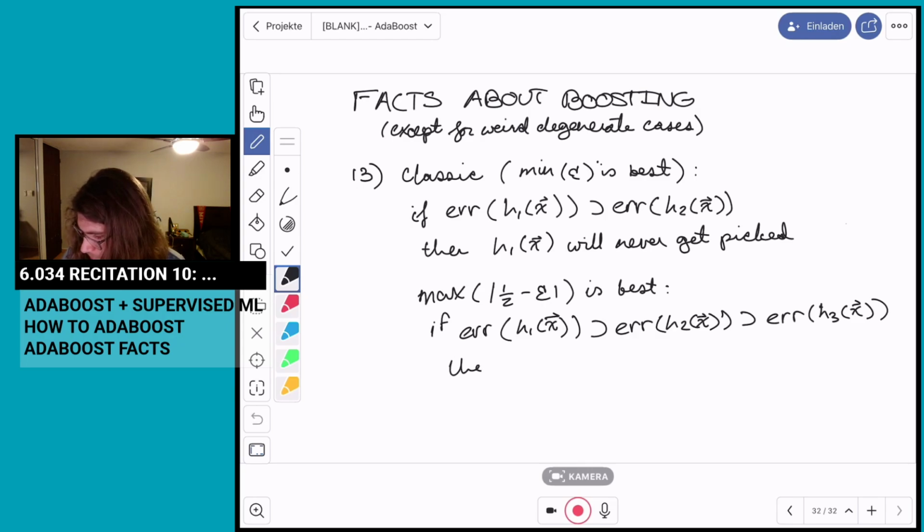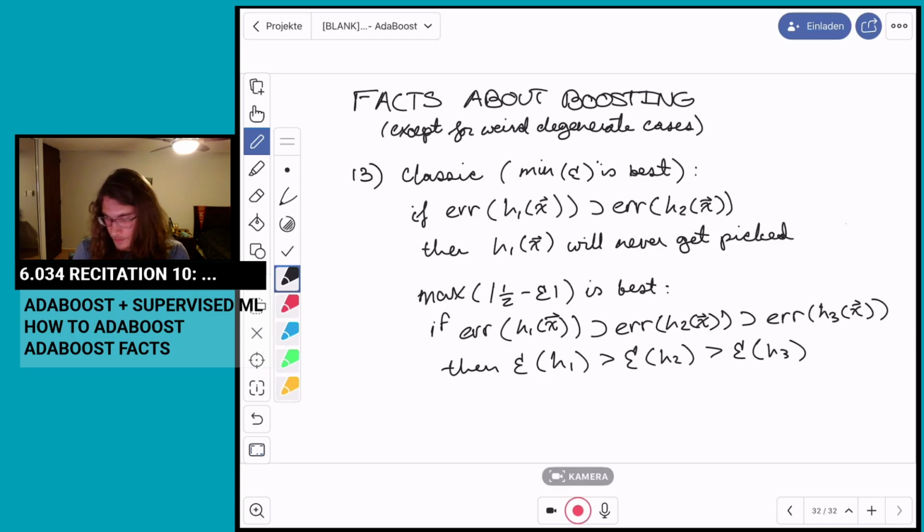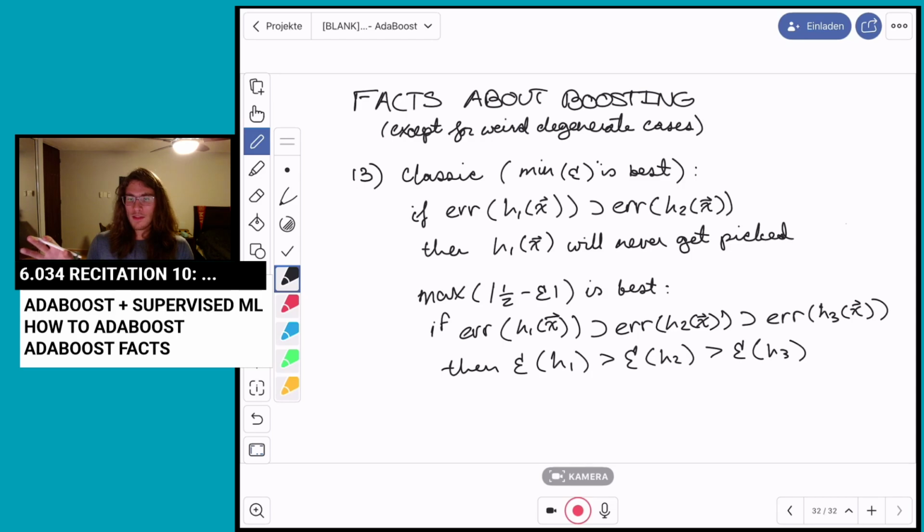Then the error rate of H1 is going to be greater than the error rate of H2, and greater than the error rate of H3. You may intuitively just look at it and say, okay, H3 commits a set of errors, H2 makes those mistakes and a few more, and H1 makes those mistakes and a few more on top. So that's why the error rates are in that order.